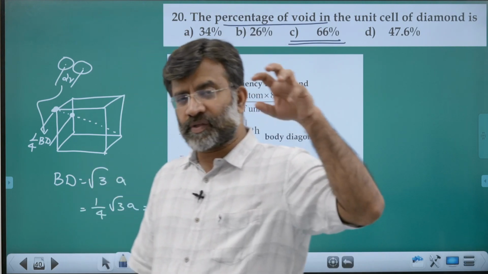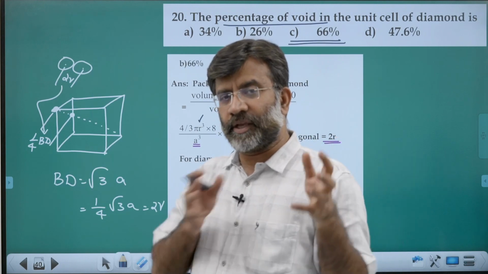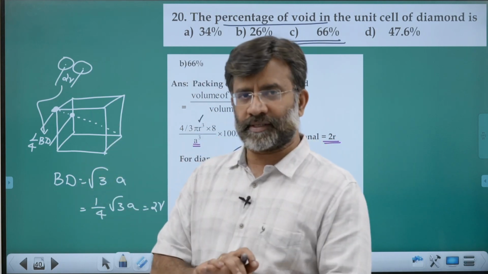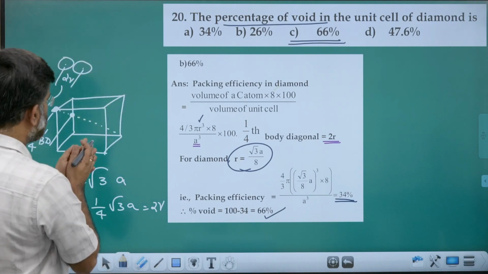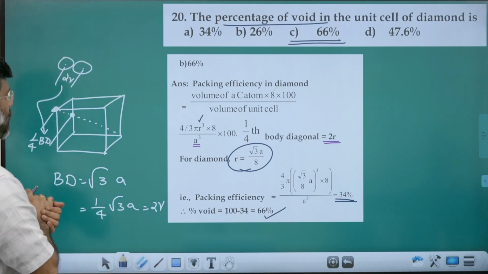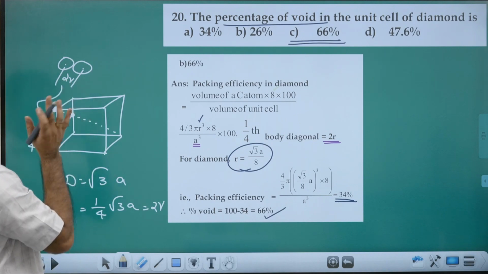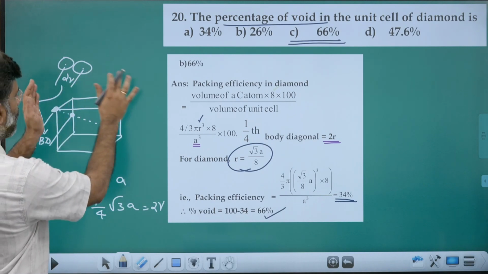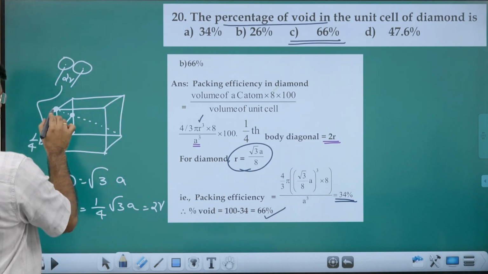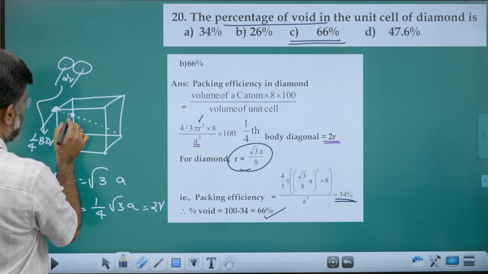Zinc and sulfur are both replaced by carbon in diamond. So all the corners are carbon, all the face centers are carbon, and alternate tetrahedral voids have carbon. I am not drawing the entire structure. There is a carbon in the corner and a carbon in the tetrahedral void.